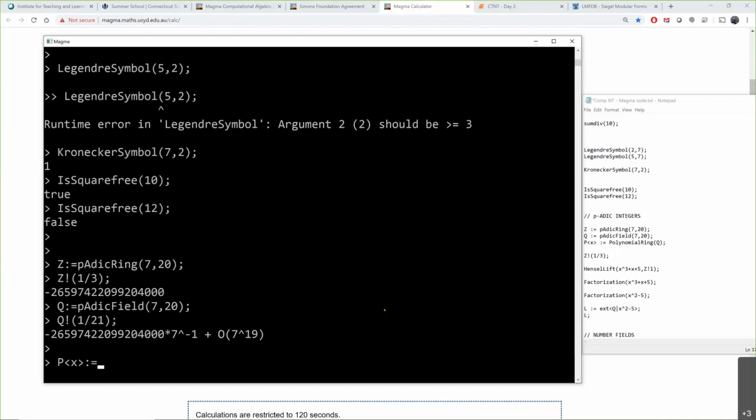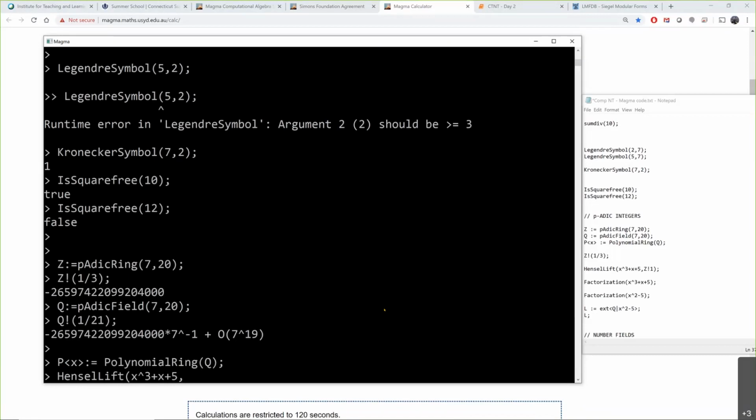Here there's no dot, but there's colon equal. And I'm going to define a polynomial ring over the field Q7. And then I'm going to do a Hensel lift of the polynomial x cubed plus x plus 5.